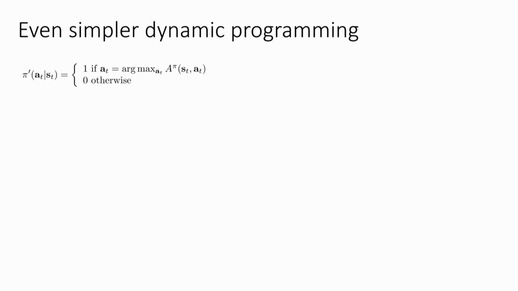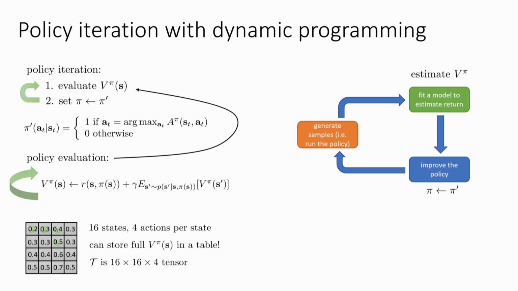We can construct an even simpler dynamic programming procedure if we note something about this argmax. The procedure I outlined up here, you can view as a procedure that repeatedly improves the policy. You can also view it as a procedure that repeatedly improves your value function. It evaluates the current policy, then makes the policy better, then evaluates the value of this better policy. So one way to look at it is that you're moving towards better and better policies.